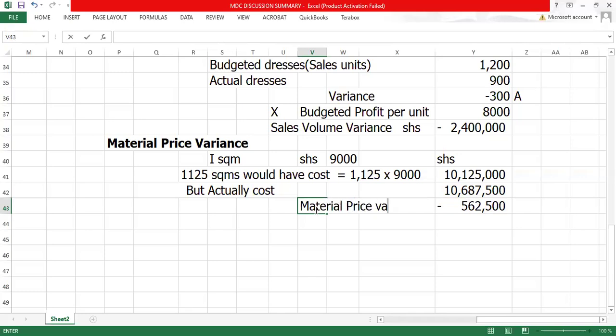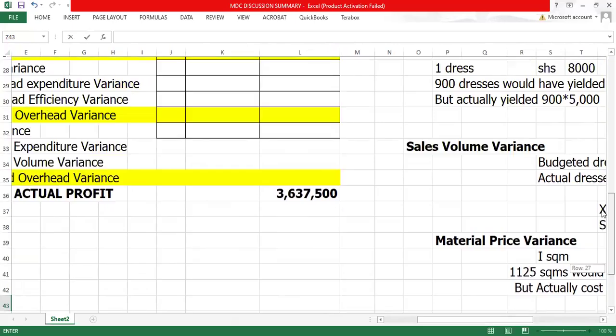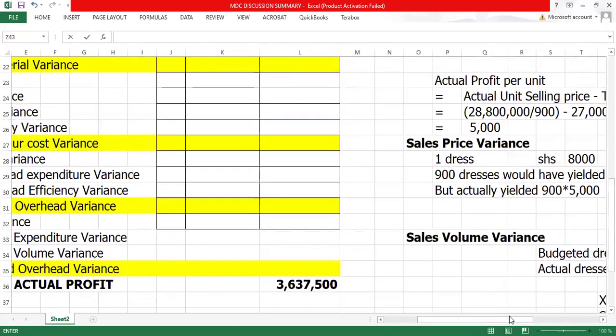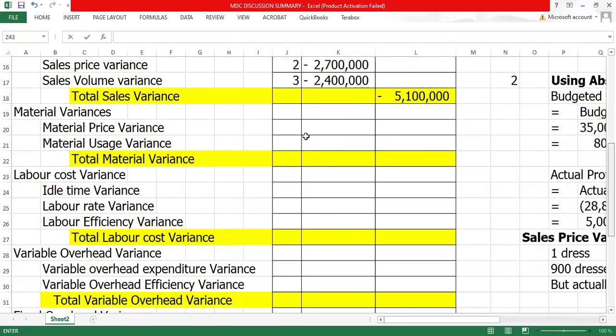After getting a variance, ask yourself, is that variance in terms of amount? Yes, this variance is in terms of amount. So I can immediately report. I go and report here, where I have the material price.